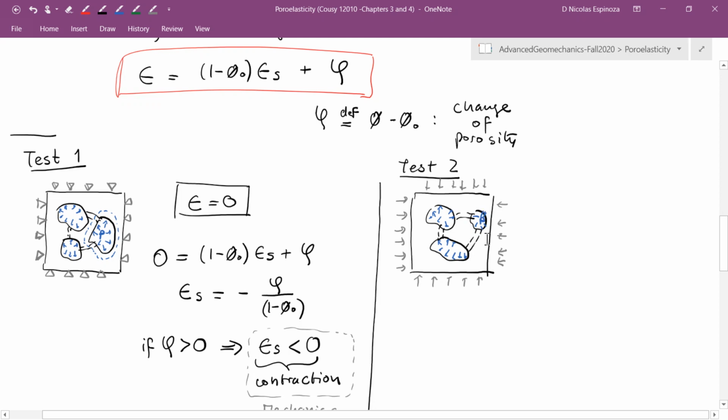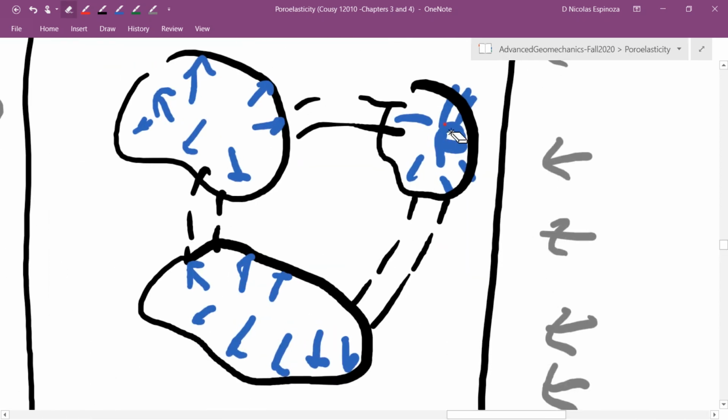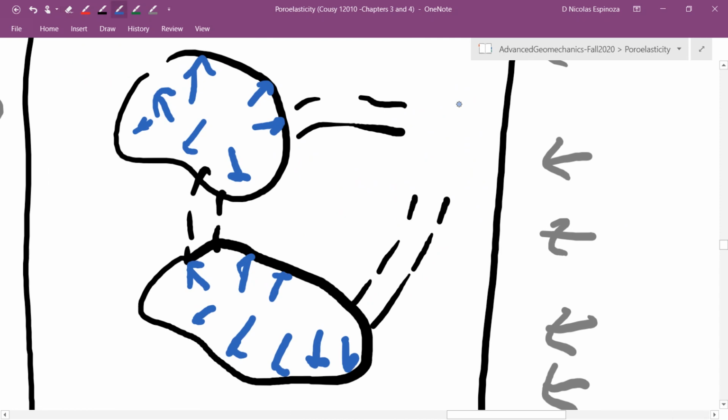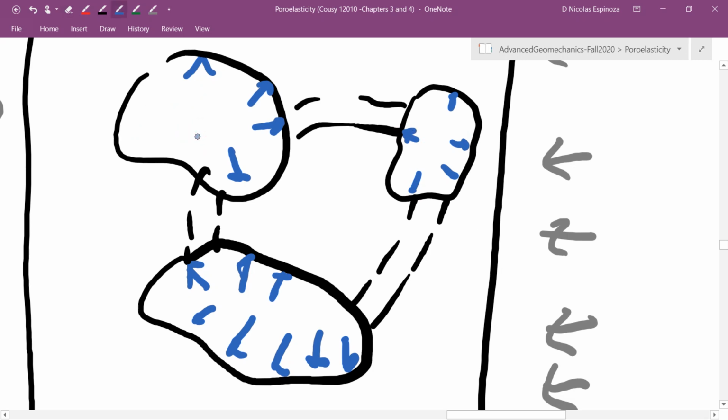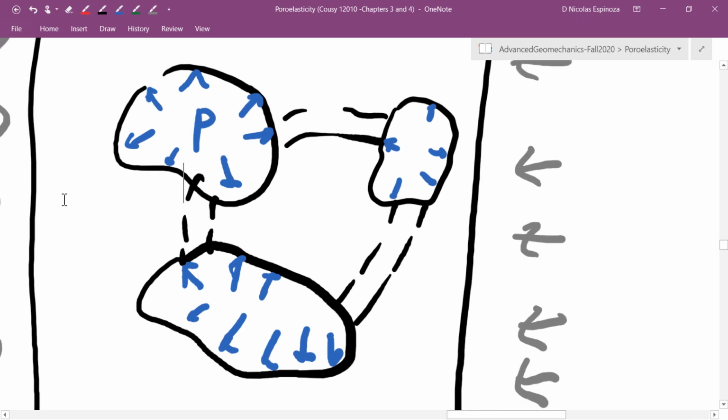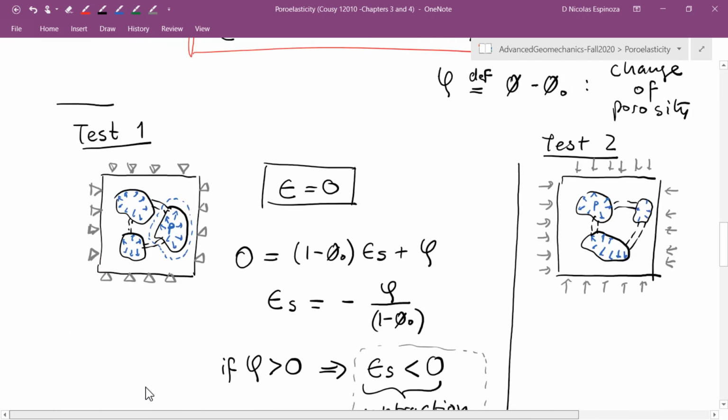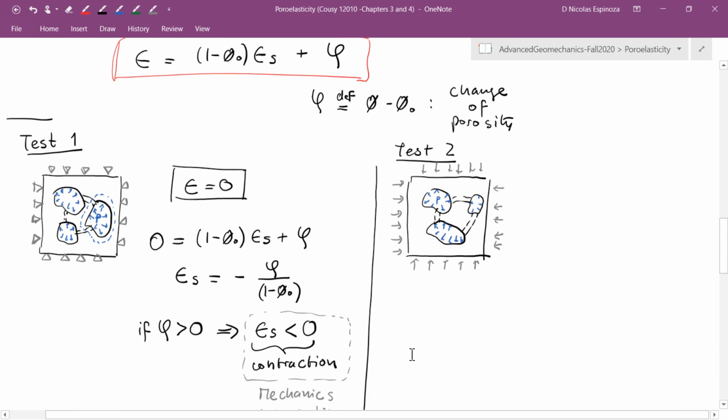Let me zoom in and finish it up. Okay, so simplify this a little bit. I'm going to apply a pressure within the pores to a value that when I apply the pressure, I do not let the pores change size.